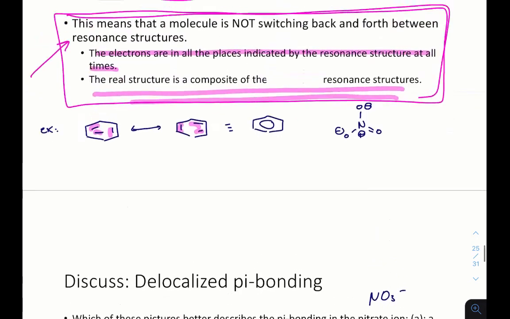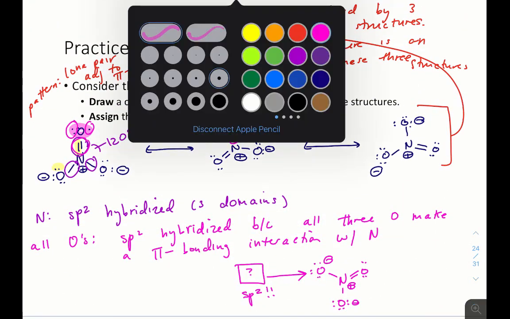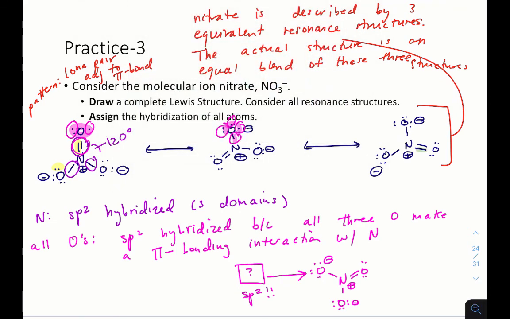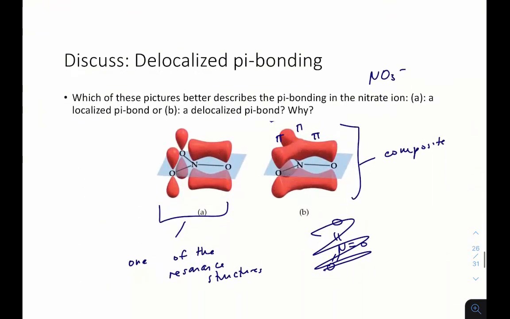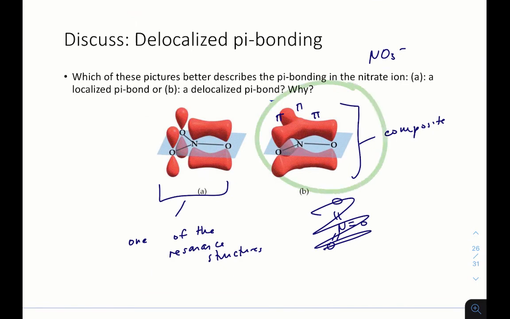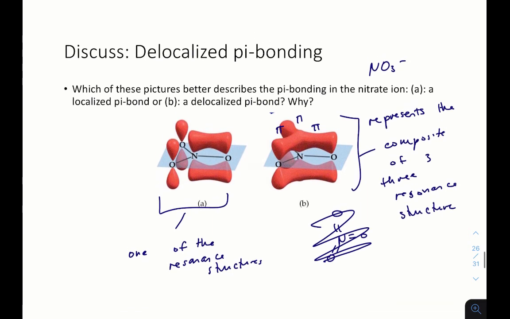These 2 electrons in the double bond are actually spread out between all 4 atoms at all times. And that's what's indicated by this structure, which represents the composite of all 3 resonance structures, the real electronic structure.